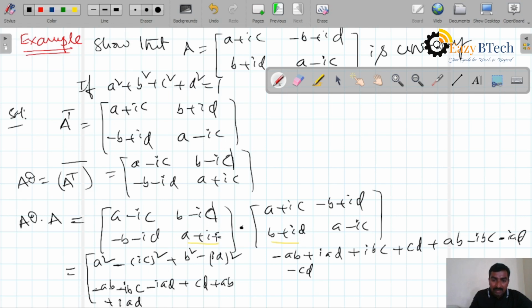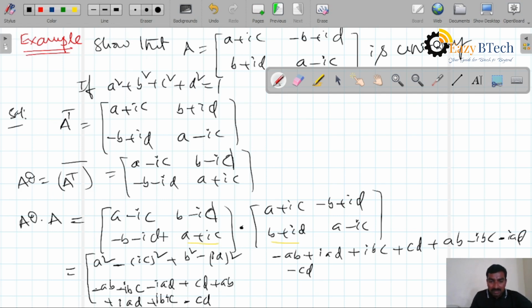Next, IC into B, BIC plus BIC or IBC. And next one, IC into ID, I into I square minus 1, that means minus CD. So this one.